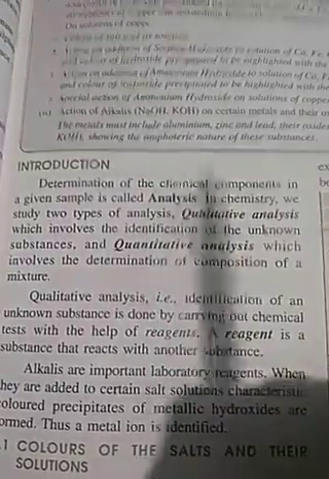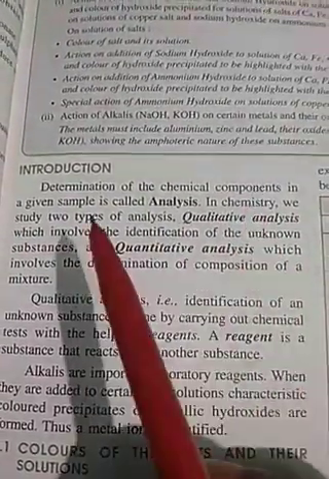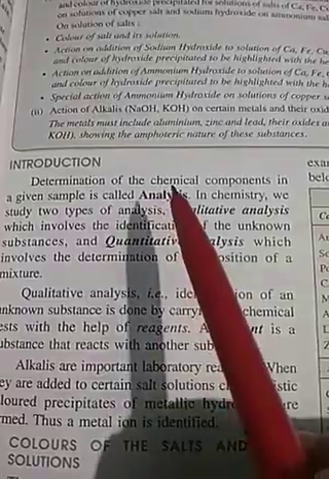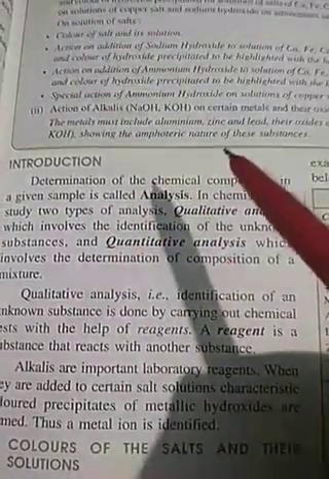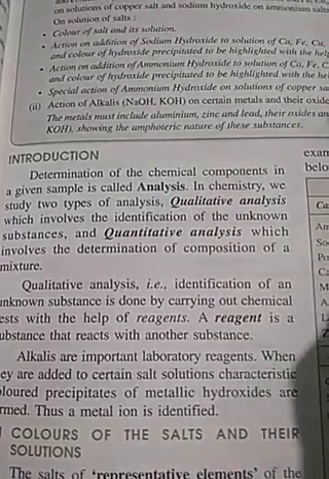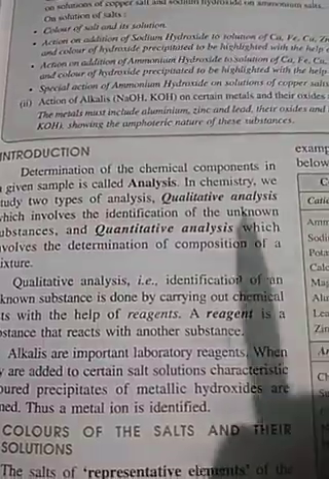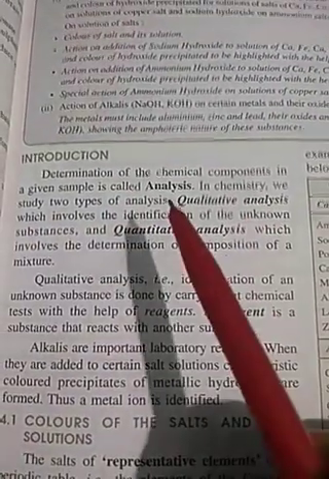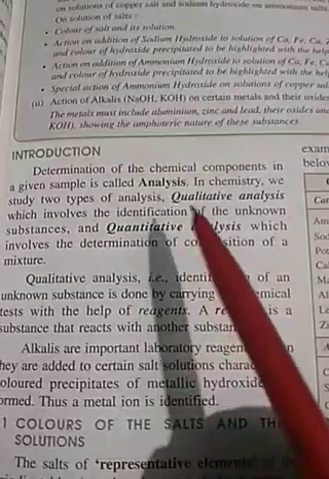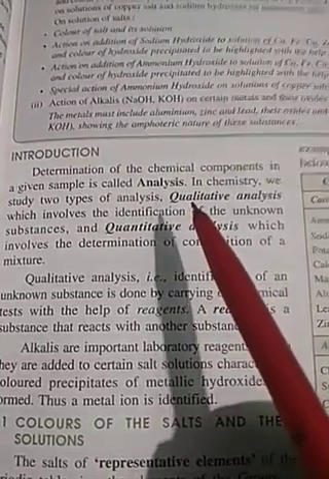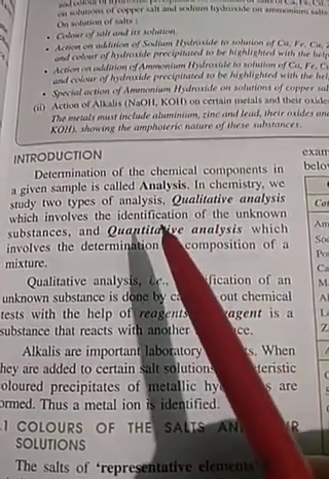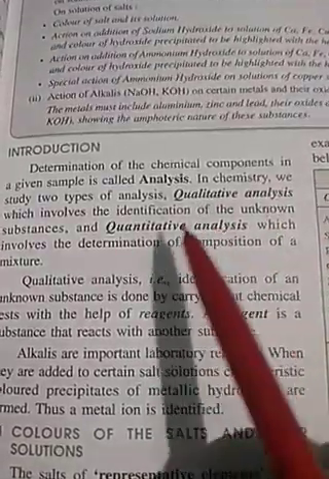First of all, what is analysis? The determination of a compound into its chemical components. Suppose we are given a sample, what are the different components? This determination of components of a given sample is called analysis. There are two types of analysis: qualitative analysis and quantitative analysis.